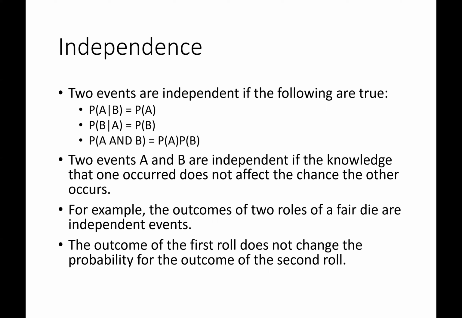Whatever comes up on the second coin is completely and totally independent of what's on the first coin. And on a roll of a die, the first roll does not in any way, shape, or form affect the value on the second roll. Those are independent events.